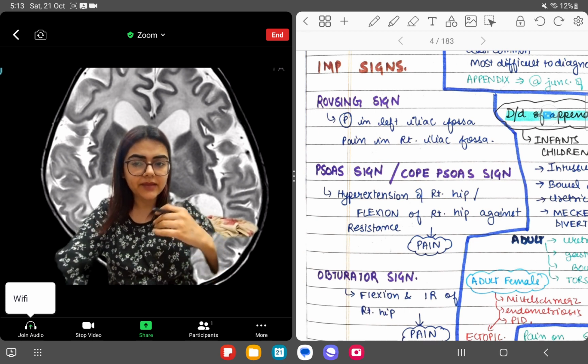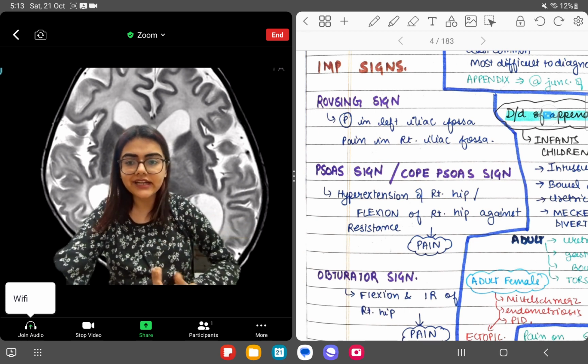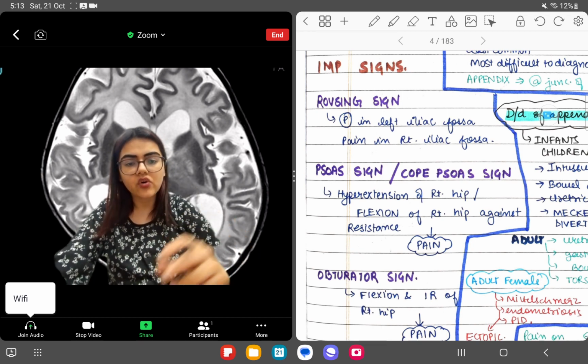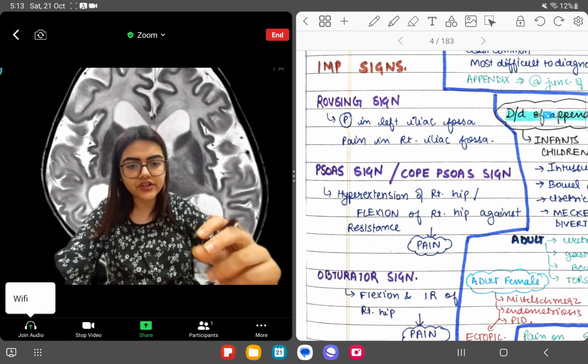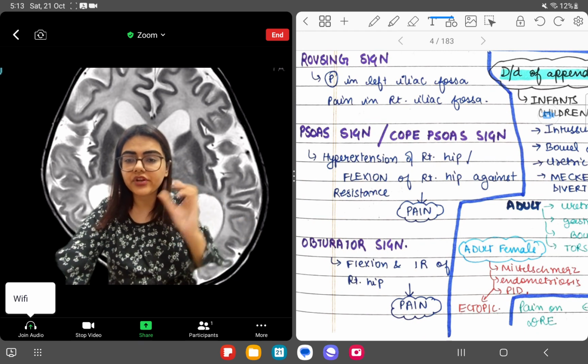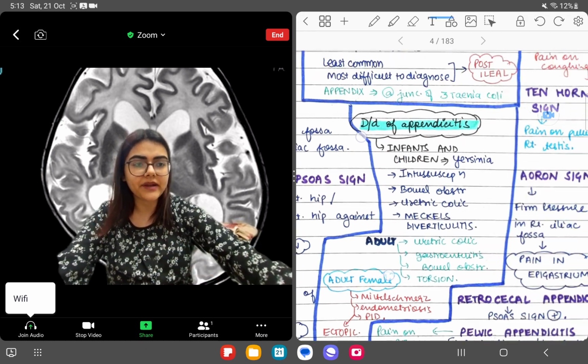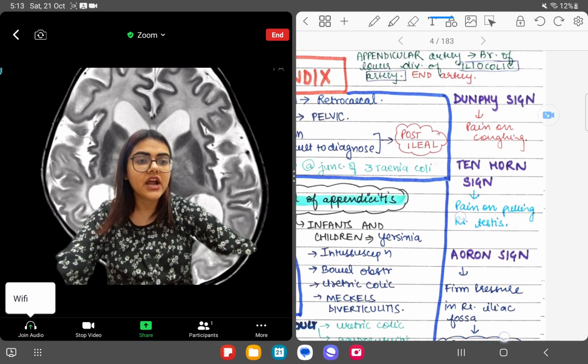So if we do hyperextension of the right hip, or we flex the right hip against resistance, there is pain in the right iliac fossa region. Then we have obturator sign. Obturator sign is flexion and internal rotation of the right hip will cause pain if the patient is having acute appendicitis.